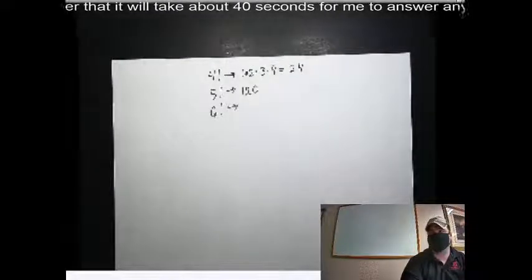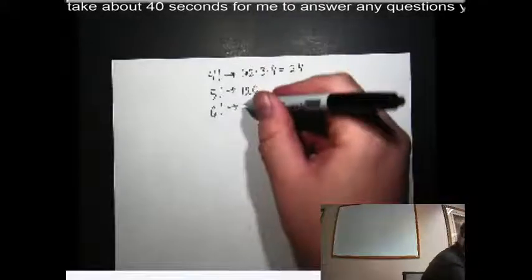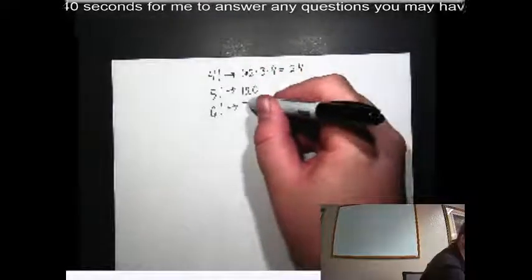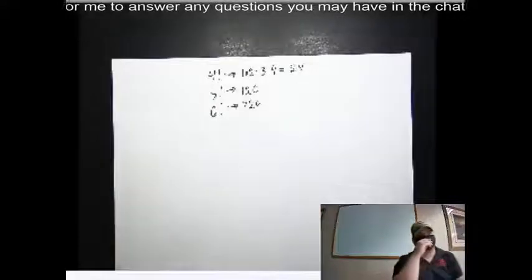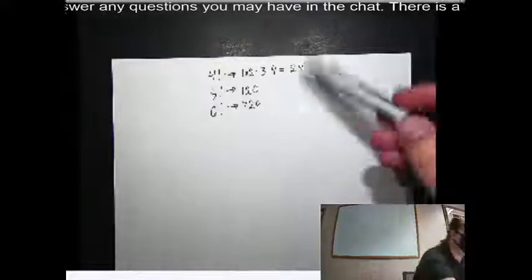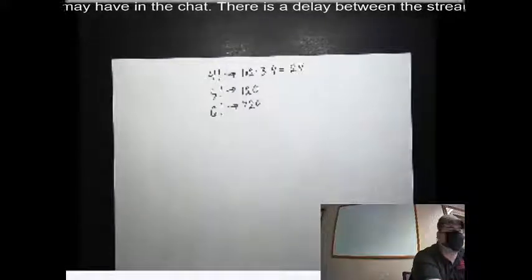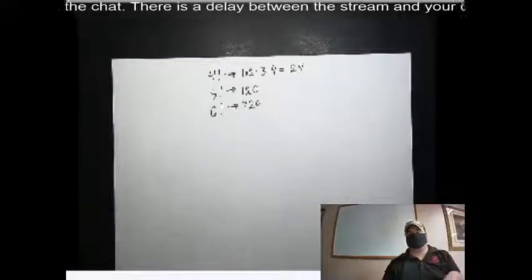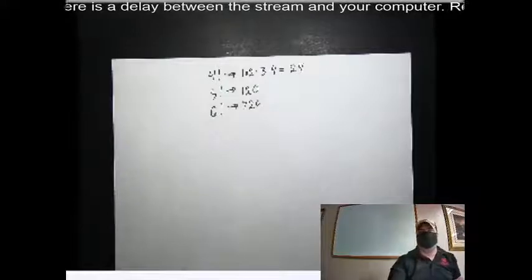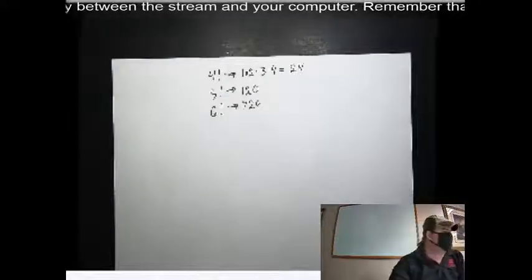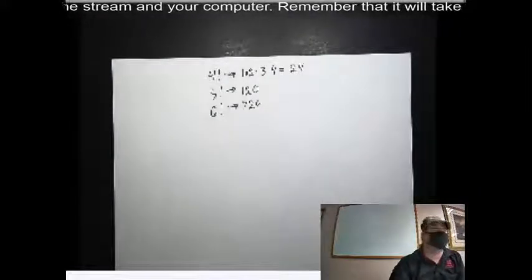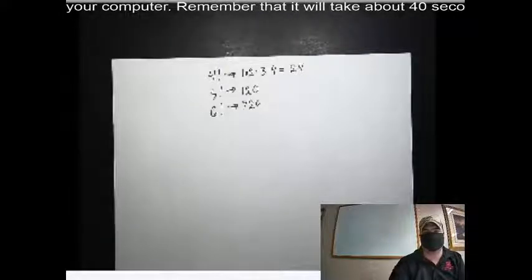Okay, it's 720. Notice that these are increasing quite quickly. So these are iterations, like I was talking about before. The more you do something, the more that grows.